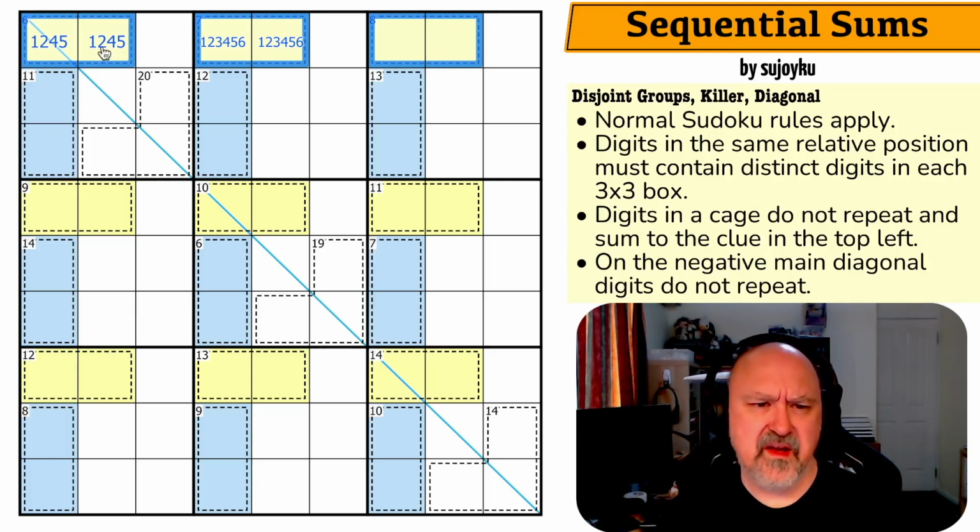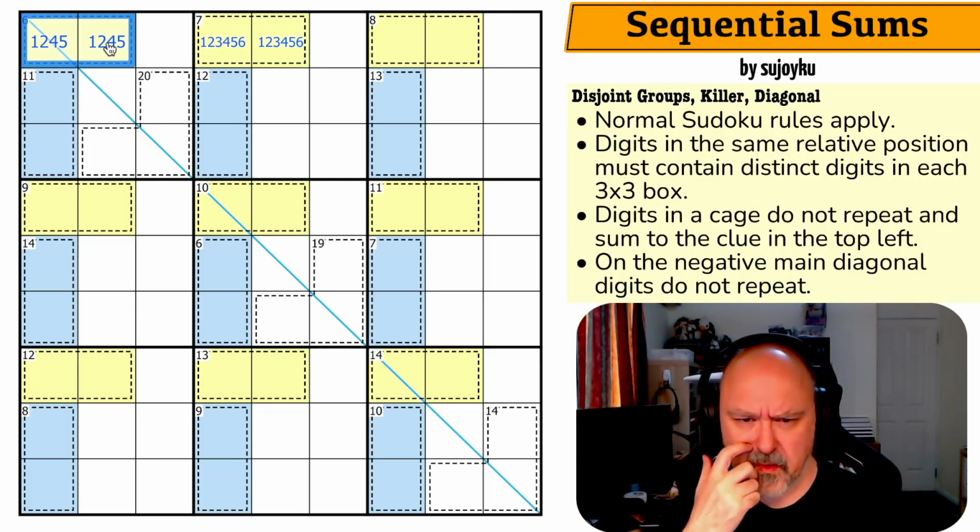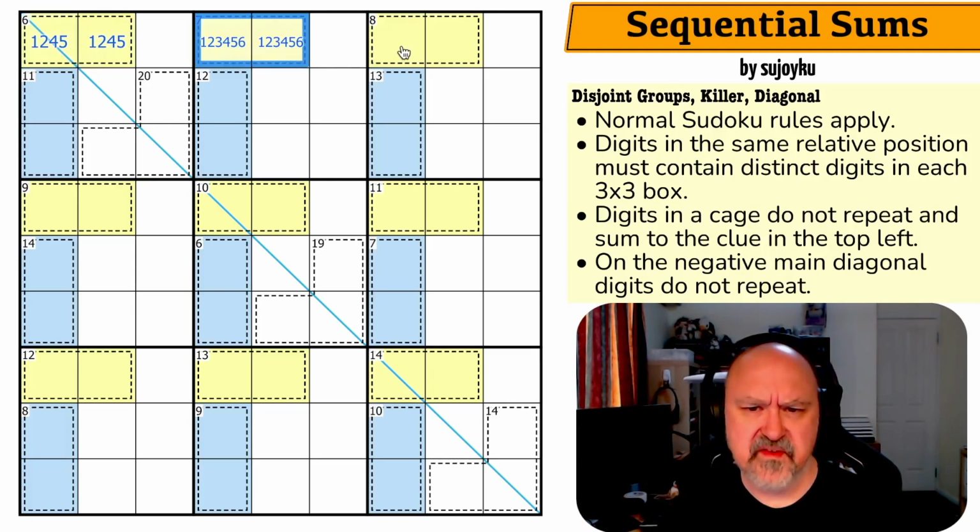Because if I put a 1 in the 6 cage, that means I don't have a 1 for the 7 and the 8 cage. So the 7 cage could be 2, 5 or 3, 4.